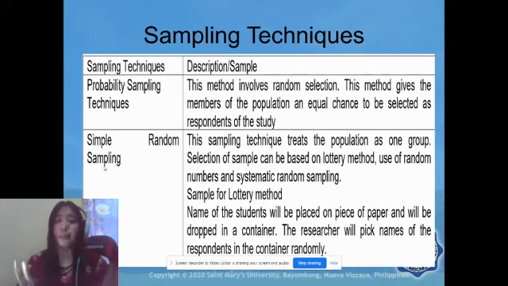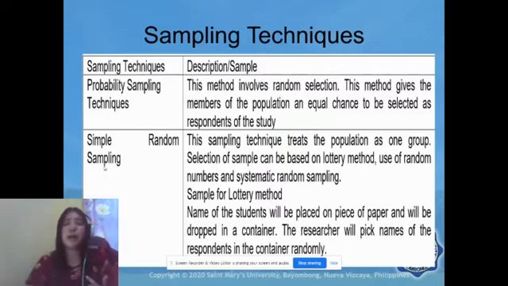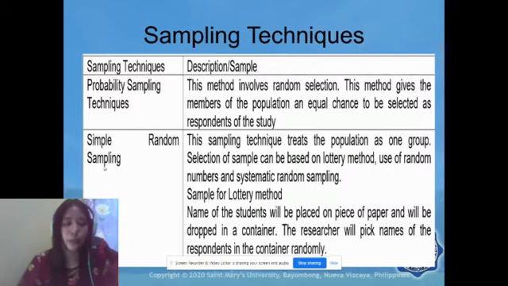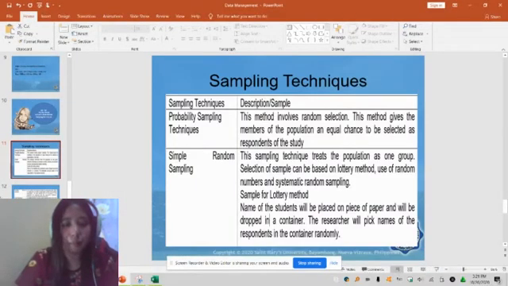We can then select the sample. It can be based on the lottery method, with the aid of random numbers, or by systematic random sampling. So what's the difference between these three? Let us show that.